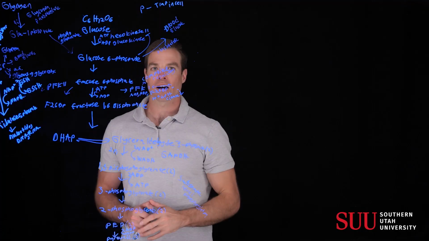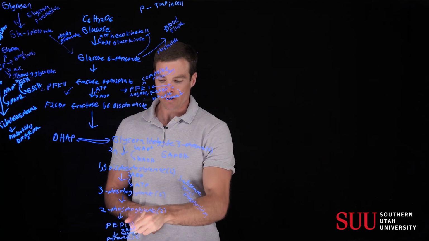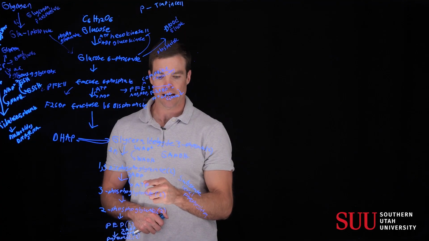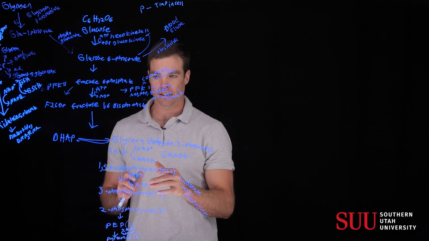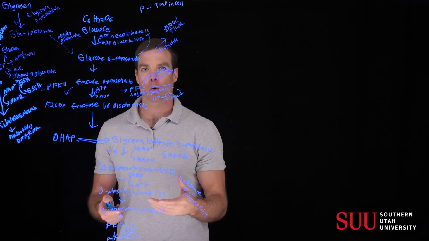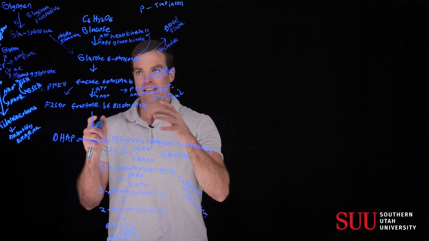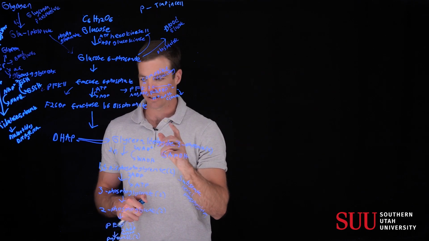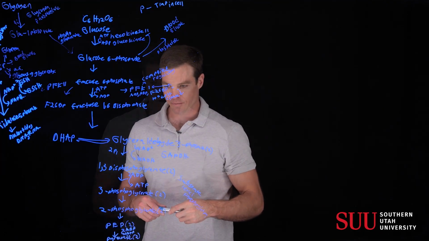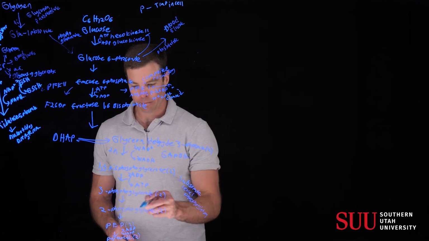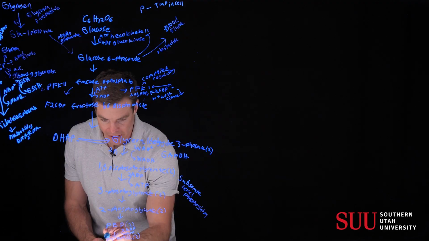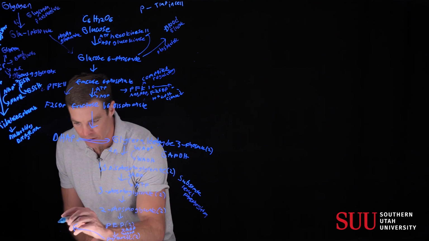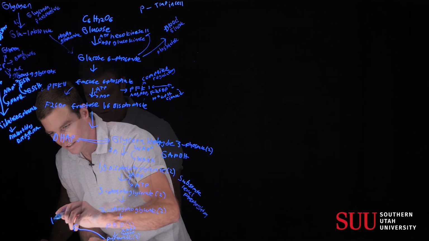Now, that's glycolysis. And with pyruvate, there are different fates of what can happen to it. They can happen along with glycolysis, but it's not the same as glycolysis. Okay, let's write those here. So, for example, once we get down to pyruvate, one of the things it can do is get converted to lactate.